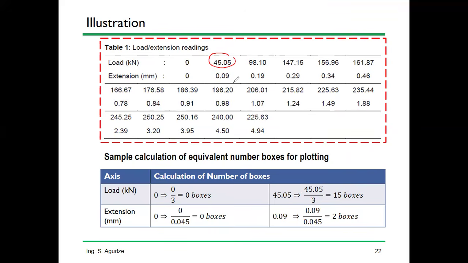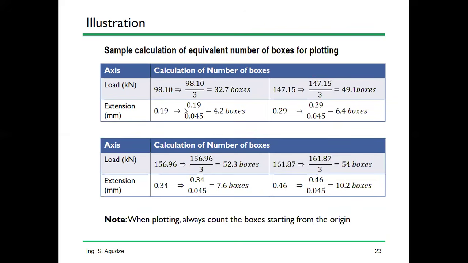Now, this is a continuation of the calculation. So you see that all the load values, if I pick a load value, I divide by the value of one box, 3. And this gives 32.7 boxes. If I take the next one, I divide by 3, I get 49.1 boxes.